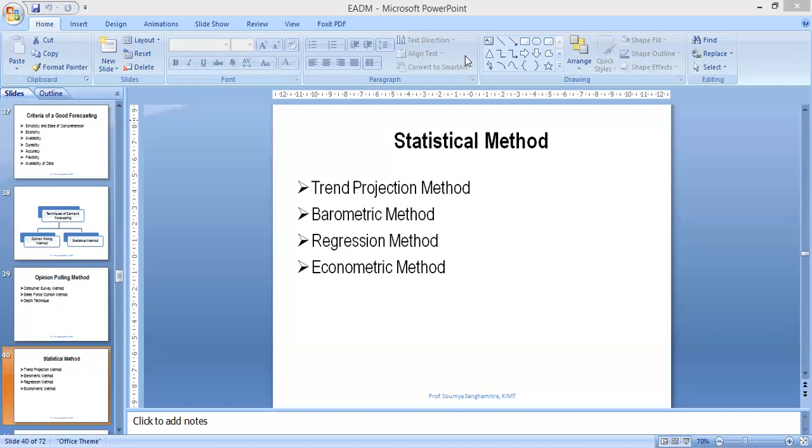Disadvantage: to the extent structural changes have taken place, the past relationship between independent and dependent variable will not be continued in future.